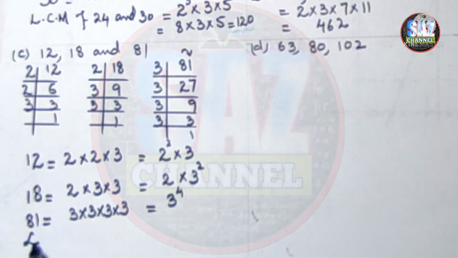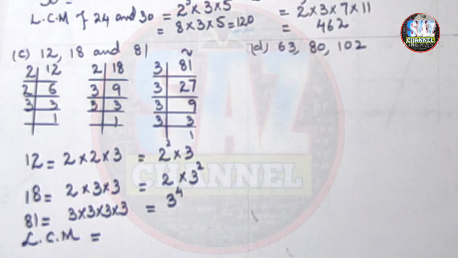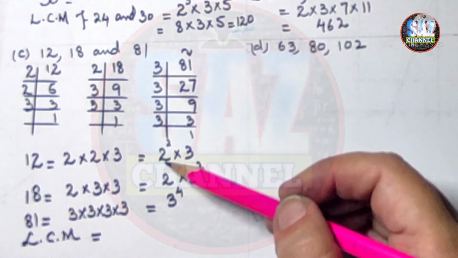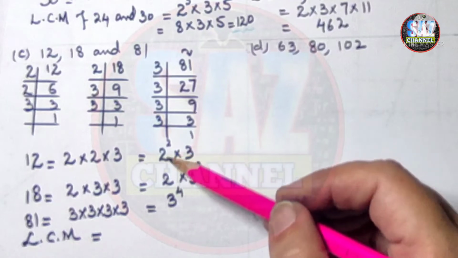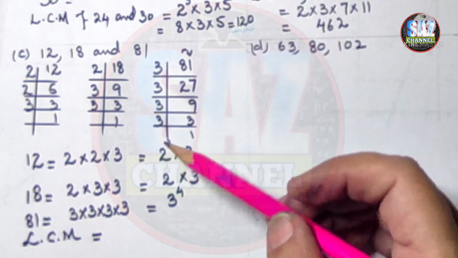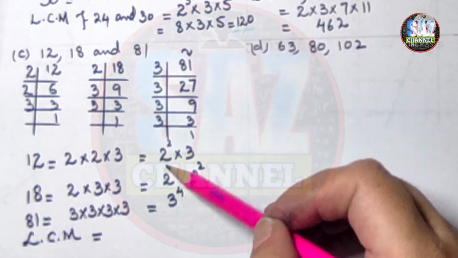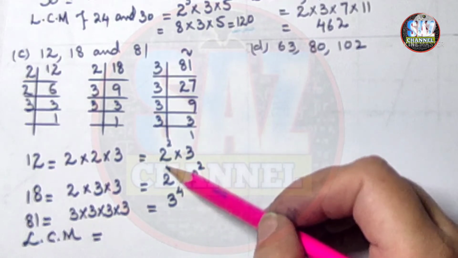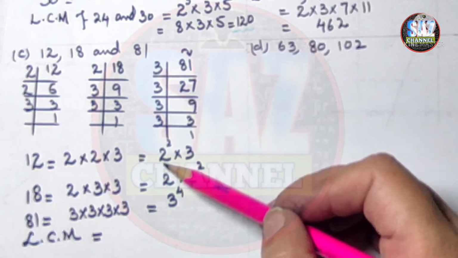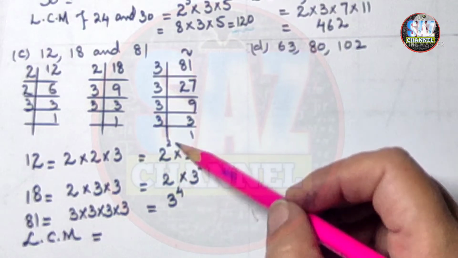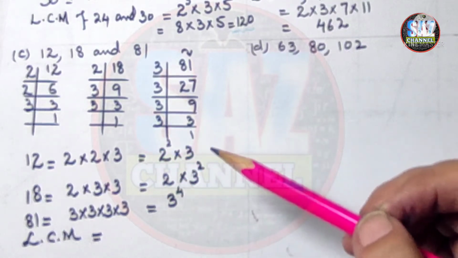Okay, now is the time for the LCM, least common multiple. Recall that LCM is the product of common and non-common factors, and in order to choose the power of each common prime factor, we have to pick up the power of the common prime factors with the highest index.